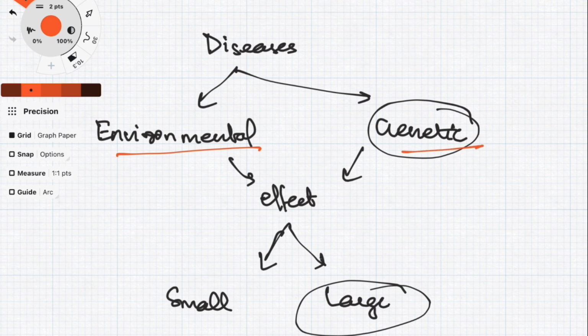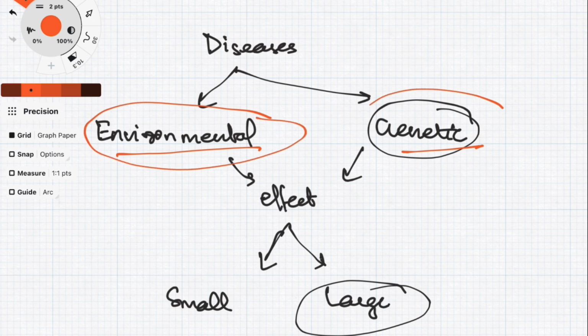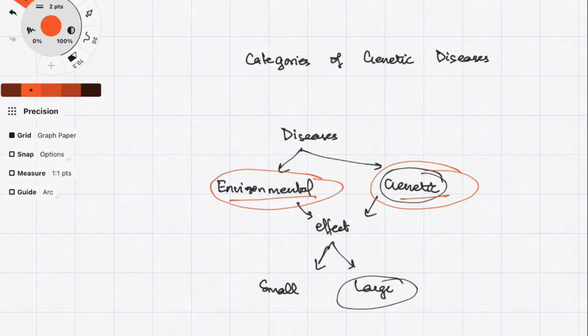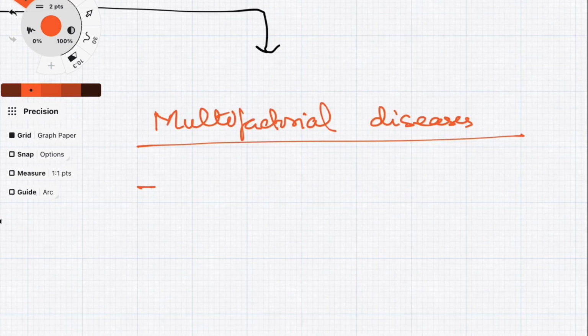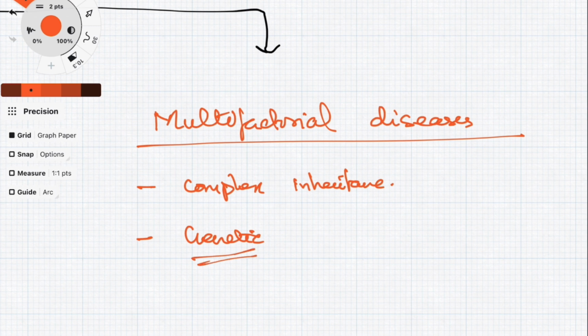Now in multifactorial, both will have significant involvement, so that is why they are considered multifactorial. They will have complex inheritance. That means you know for sure they are genetic diseases. Genetic involvement is definitely there, but you will not be able to point to which gene or chromosomes.